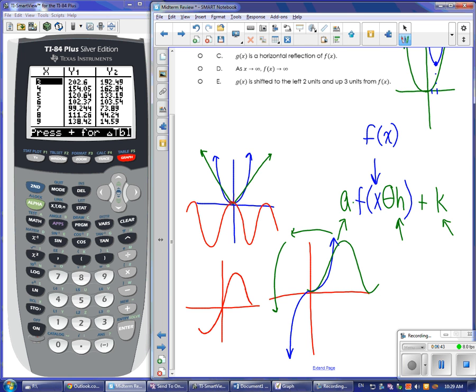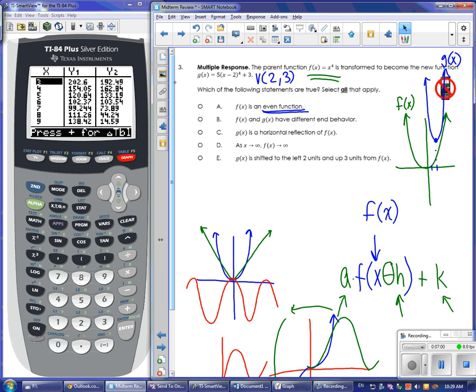There we go. That would be another example of an odd function. So if I spin it, it'll land back on itself. And if I fold it over the y and then over the x, it'll land back on itself.